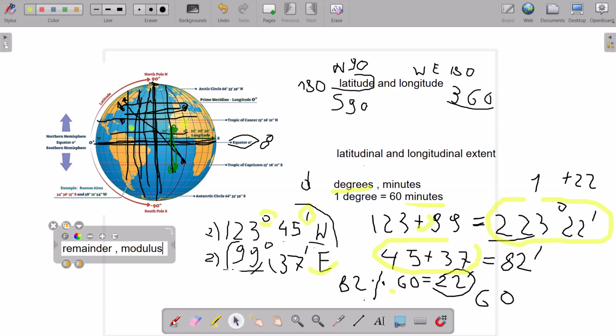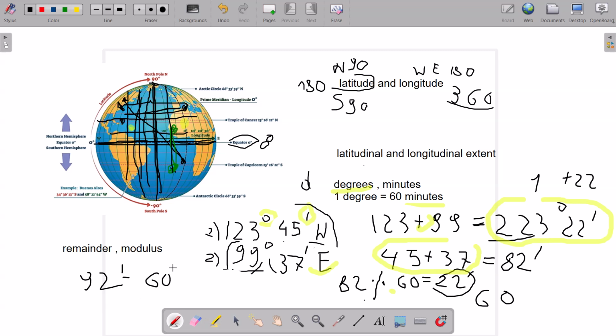If it's less than 60, you don't change this degree. But if it's more than 60, let's say you get 92 minutes, then you divide by 60. Modulus is represented by this sign, so you get 1 degree left, plus 32 minutes. So remember, if it's more than 60, you can do remainder of modulus, and you will add an extra degree plus the remaining value of minutes.